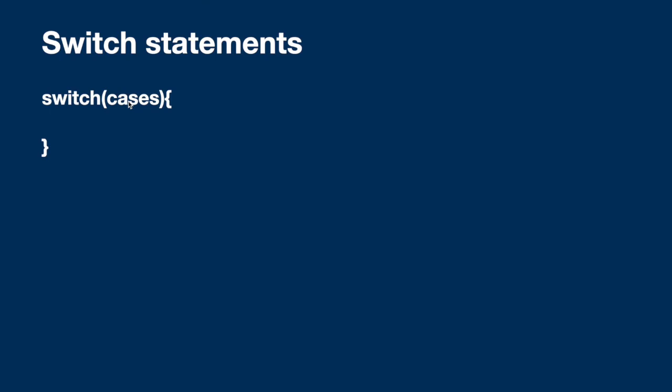Commonly we use them with those variables, and based on these choices we will control our switch statement. After the parentheses, we will follow the statement with an open curly brace, and then we close the curly brace.